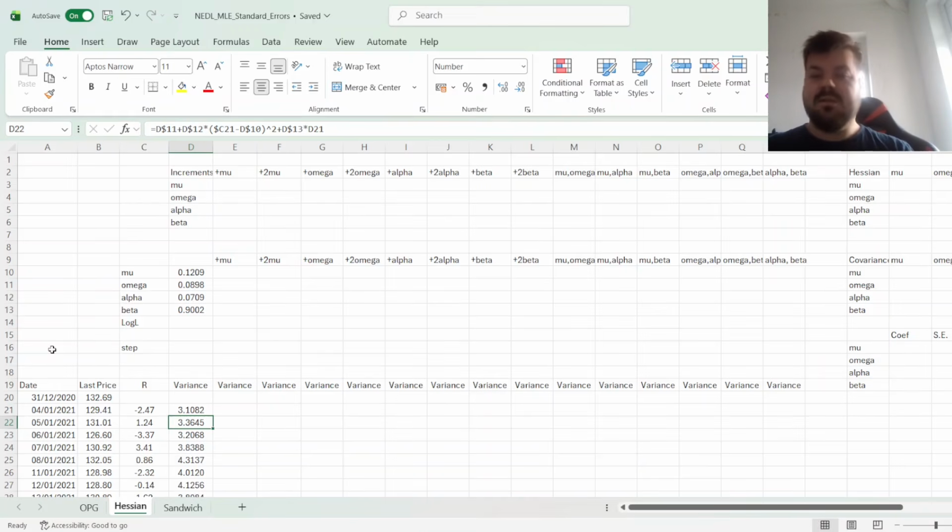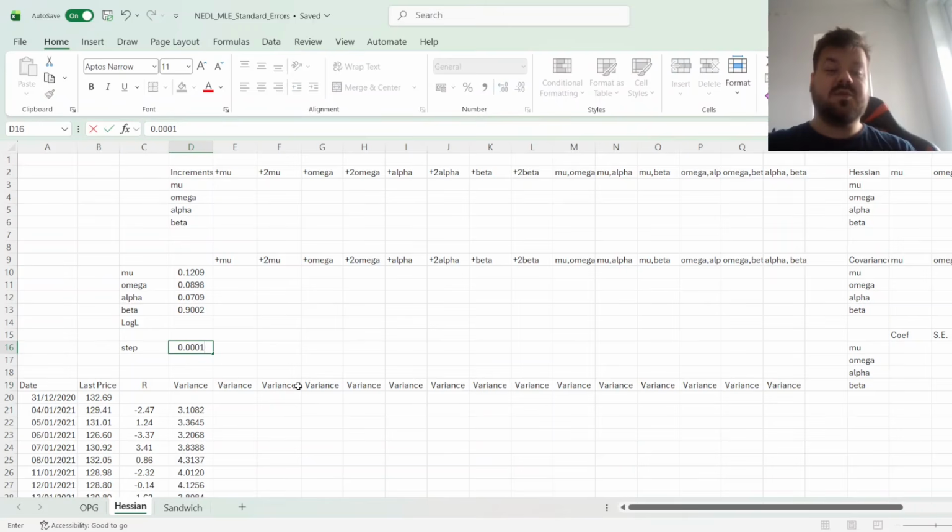Because in a general case, we cannot calculate the second order derivatives in closed form. We have to use their numerical approximations. That would mean we'll have to vary the parameters by a small step, say 0.0001, so 10 to the negative 4, 1/10,000th, and see how the log likelihood changes.